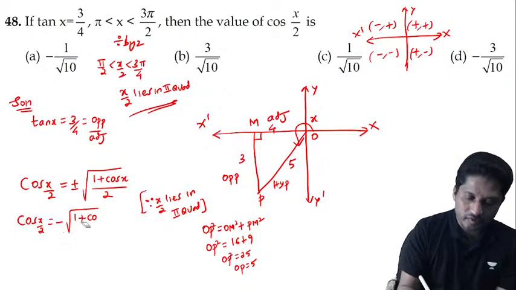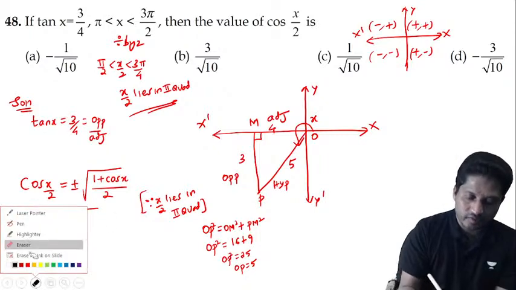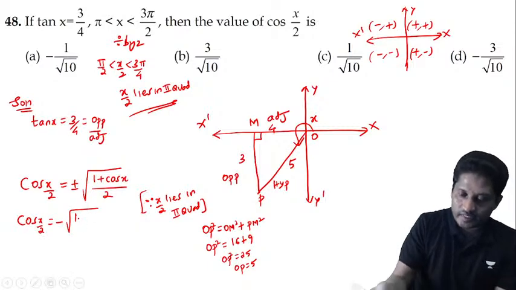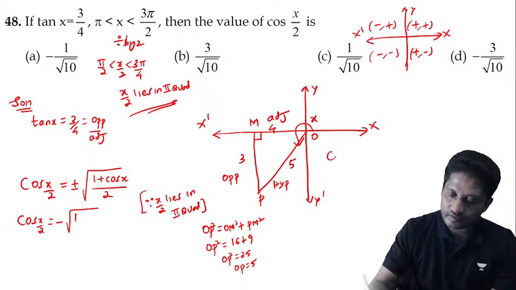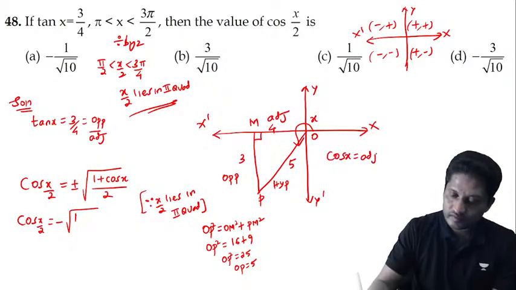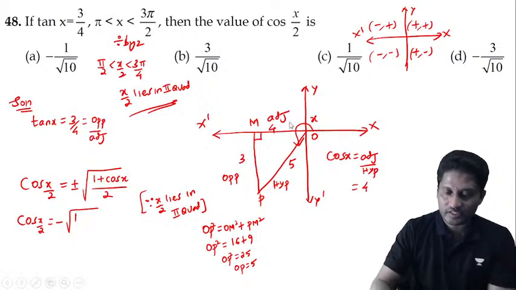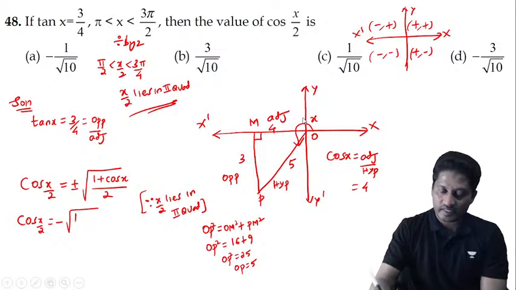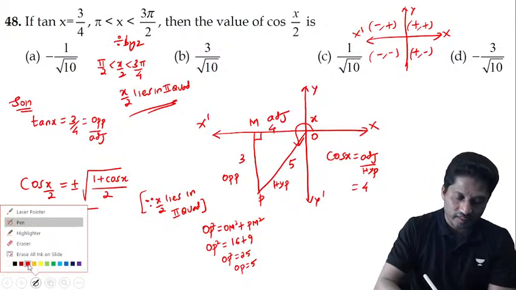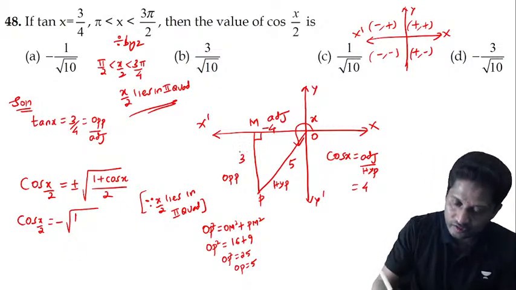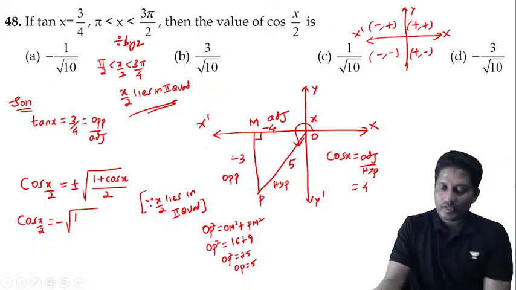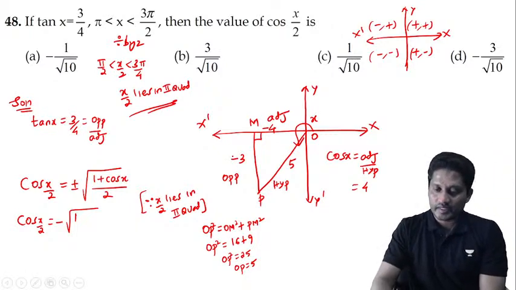Now I'm going to substitute the value of cos x. This will be equal to 1, right? And for cos x, cos is adjacent by hypotenuse. Here x is negative, y is negative, negative x axis, negative y axis. So this should be minus and this should be minus.